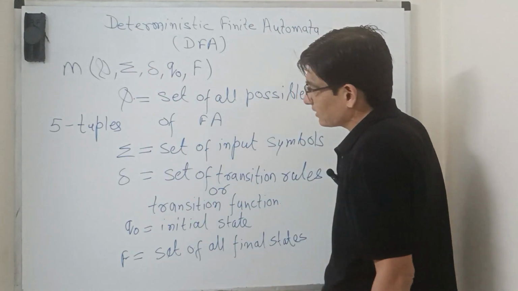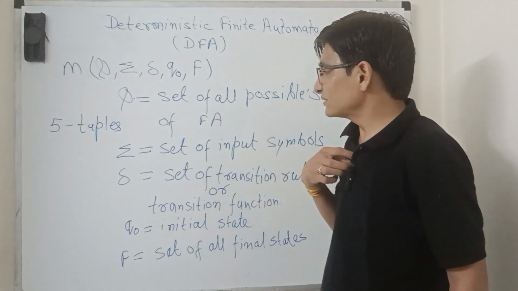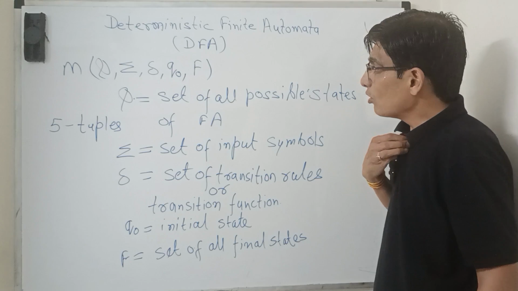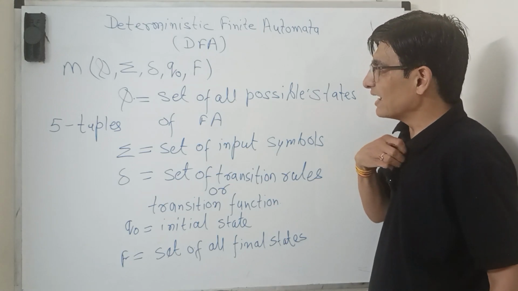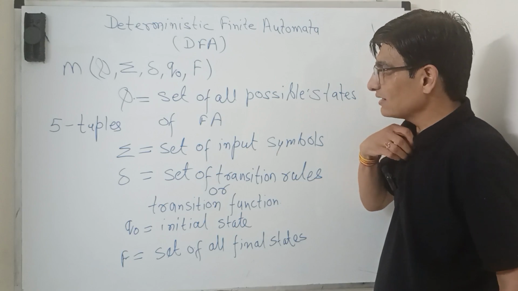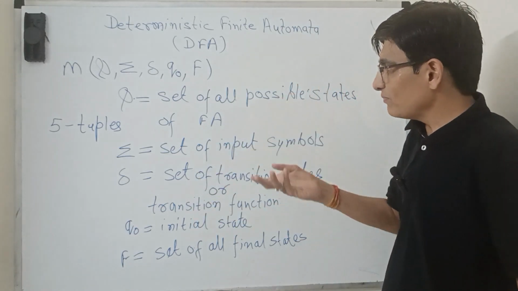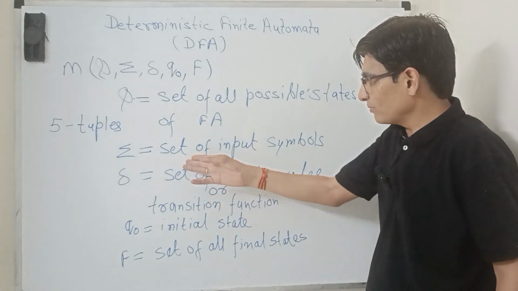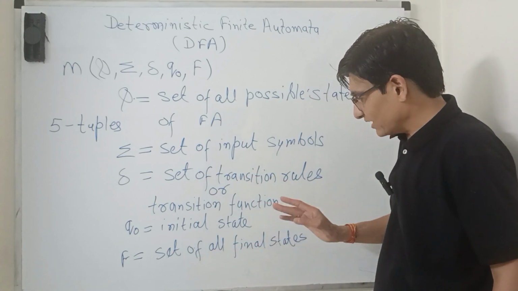Now you can see, my friends, out of these five components, all tuples except q0 are sets. So there may be more than one possible state, more than one input symbol, more than one transition rule, or more than one final state.